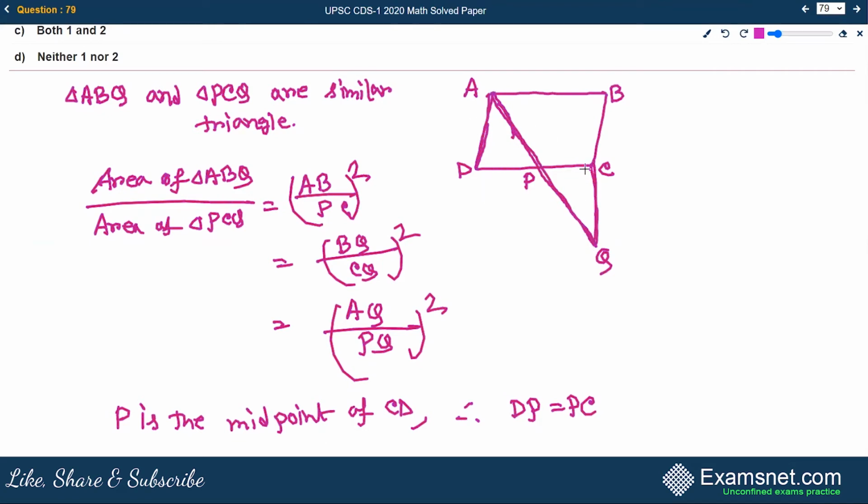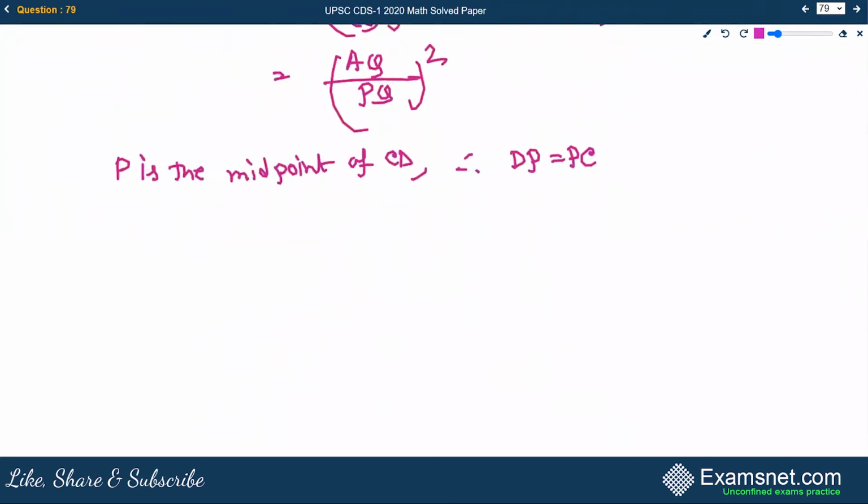So AD is parallel to CQ, because CQ is the extended part of BC, which is parallel to AD. Now at the corners of this Z, two alternate angles form. So we can write angle PAD equals angle PQC, alternate angles.